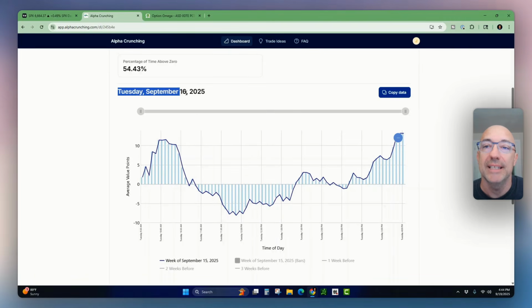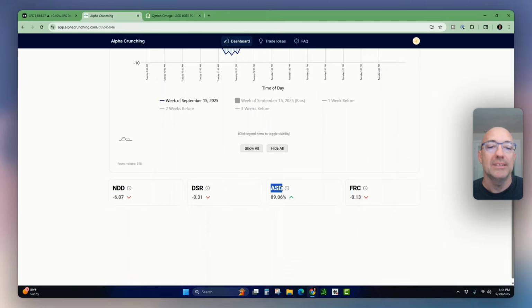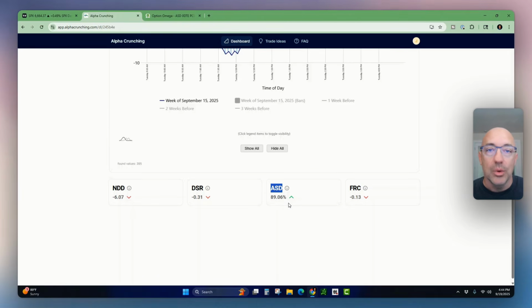In this case, it was Tuesday, September 16th. The ASD is a metric below that telling you whether this is stronger or weaker than last week. So we're looking for days with stronger upward momentum, or something that is outperforming the average of the previous 3 weeks. That's the short of the metric.